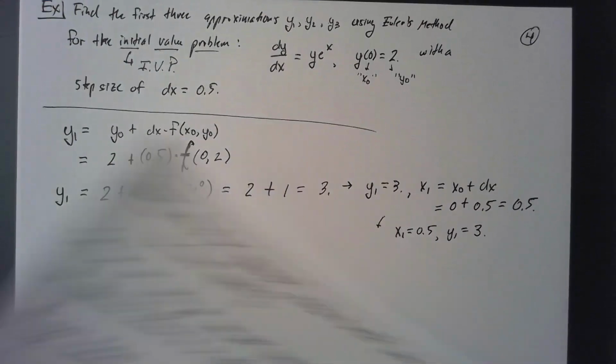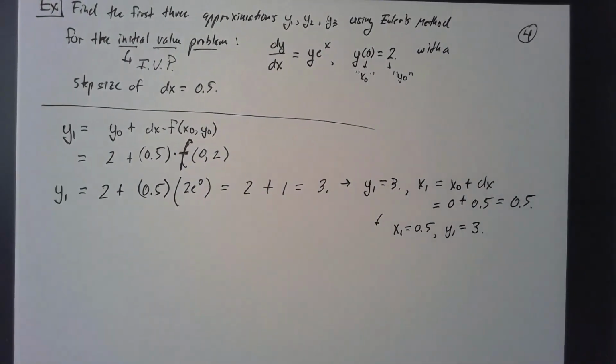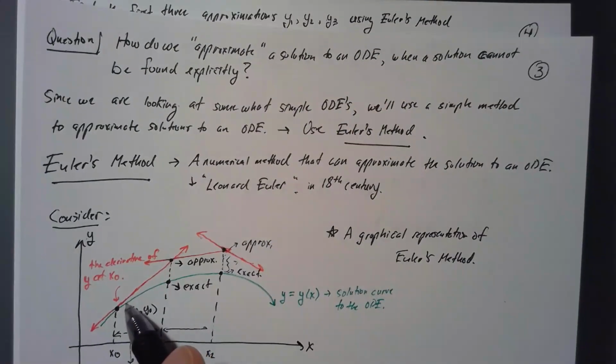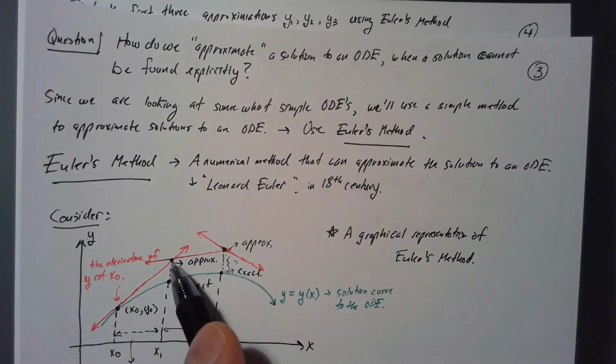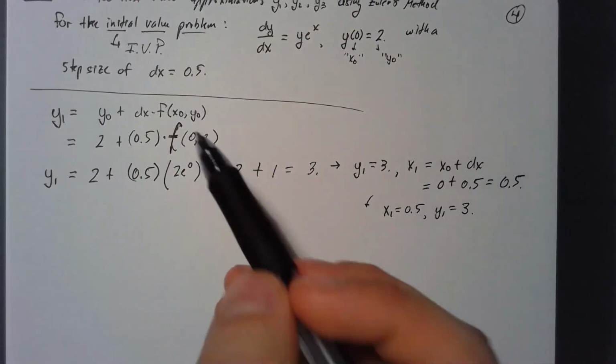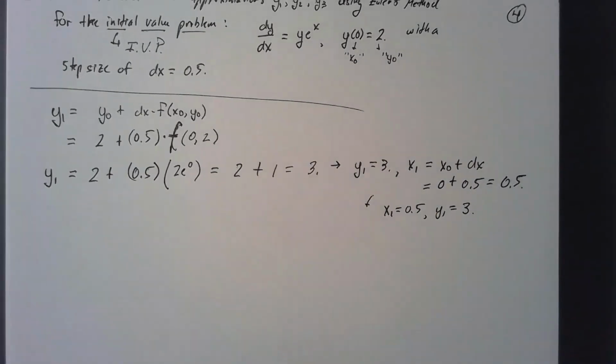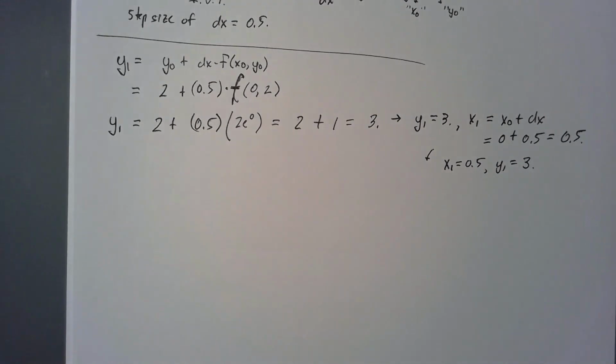Now the point I got here, this ordered pair, 0.5 comma 3, is my next point on the curve, which is going to be this point. It's an approximation. But I could compare this to the exact value if I solved this by separation of variables, but I'm not going to do that. So now you're just going to repeat the process again.